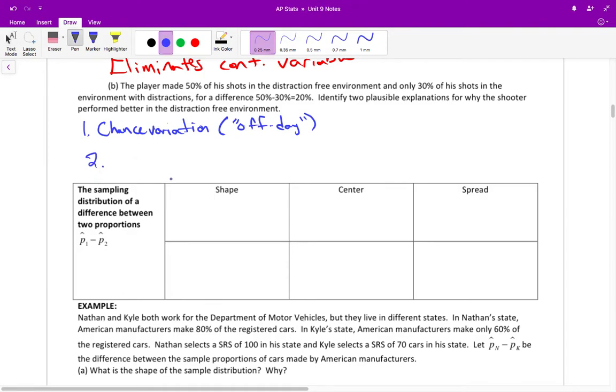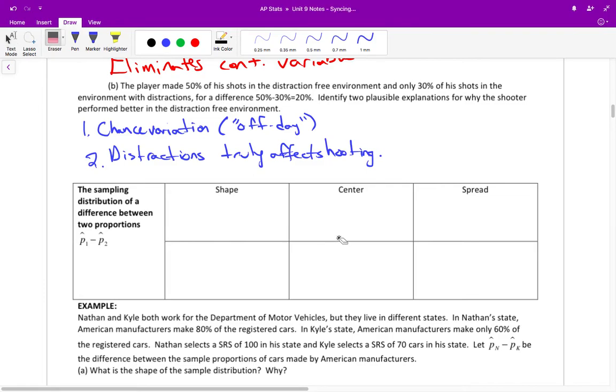In other words, we think that distractions truly do affect his shooting. Those should always be your two answers. You should not even have anything else there. The first one, chance variation, it could just have happened that way. The second one, distractions might have truly affected the shooting.